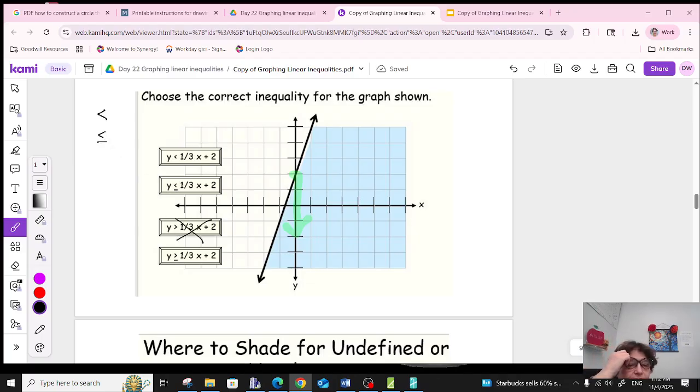So it can't be this one, can't be this one. It has to be one of these two. It's a solid line, right? So is it going to be this first choice or the second choice if it's a solid line? Has to be this choice right here. That's it.